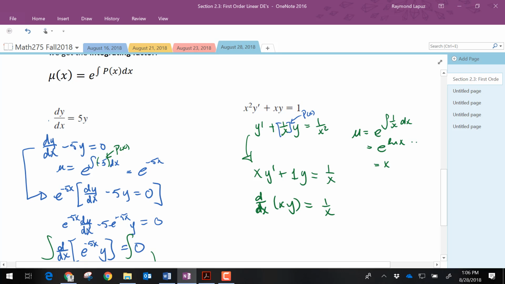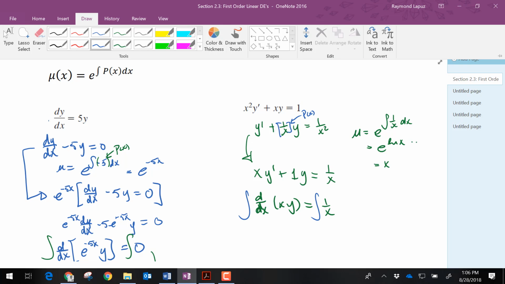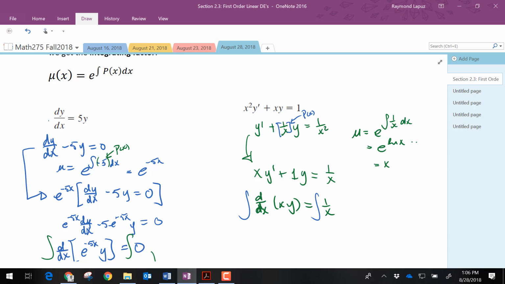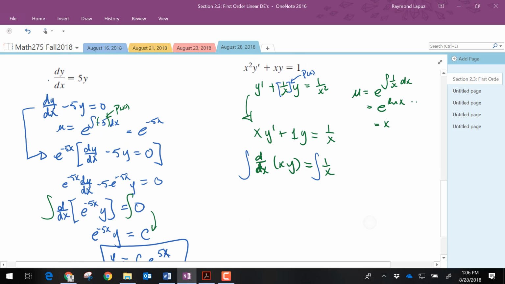And then we look at it as a derivative of a product so that we can, at this point, integrate. And when we integrate, that leaves us with x times y on the left side and the antiderivative of 1 over x again, ln x.